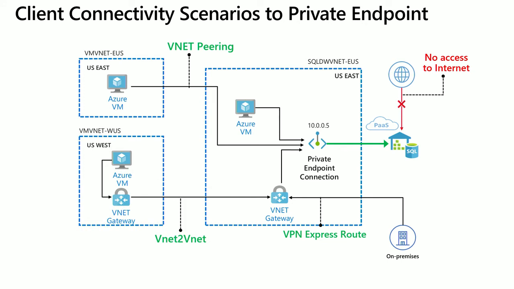And then I can also set up VNet to VNet connectivity across the two VNet gateways and bring in access that way. So lots of different options depending on what your security requirements are, what your scenarios are, how you want to get data, but it all comes together around that IP address for that data warehouse instance.